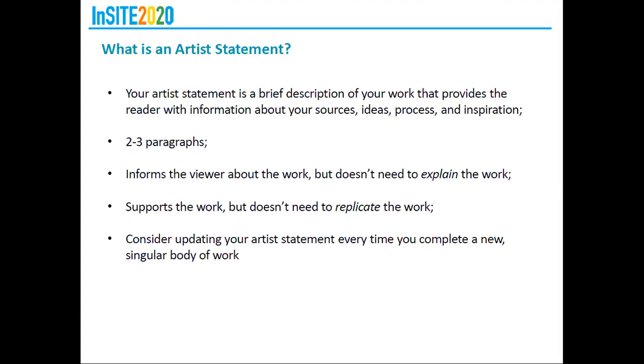So you don't need your artist statement to give a very literal description of your work, and also it doesn't need to restate exactly what it's all about, but it's going to give the viewer some inside information to help them appreciate the work a little bit more. You also may consider updating your artist statement every time you complete a new body of work, especially if it's very different from what you've been doing in the past.